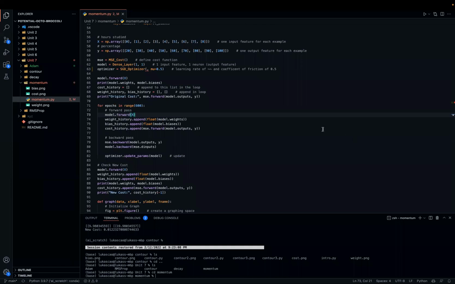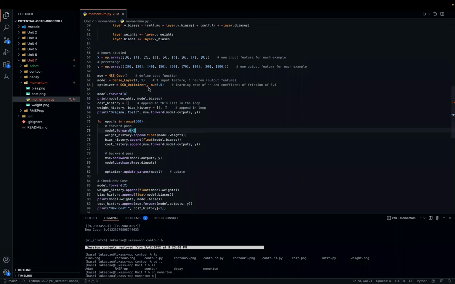Yeah, epsilon is really small. It's like 1 times 10 to the -4 or -7.